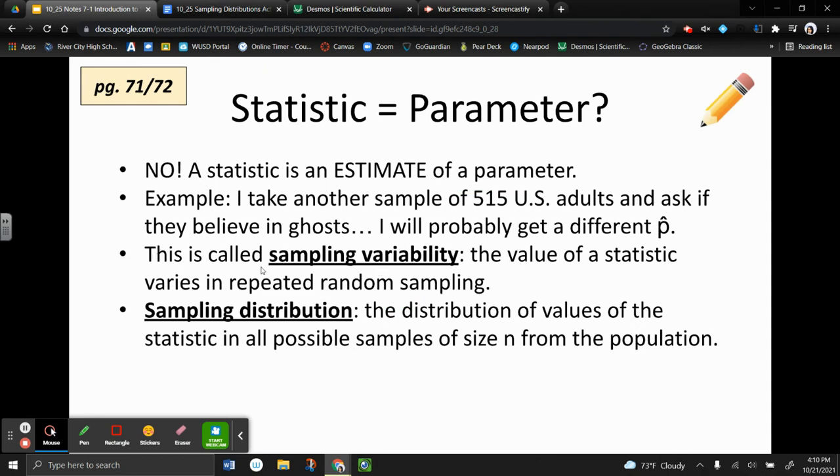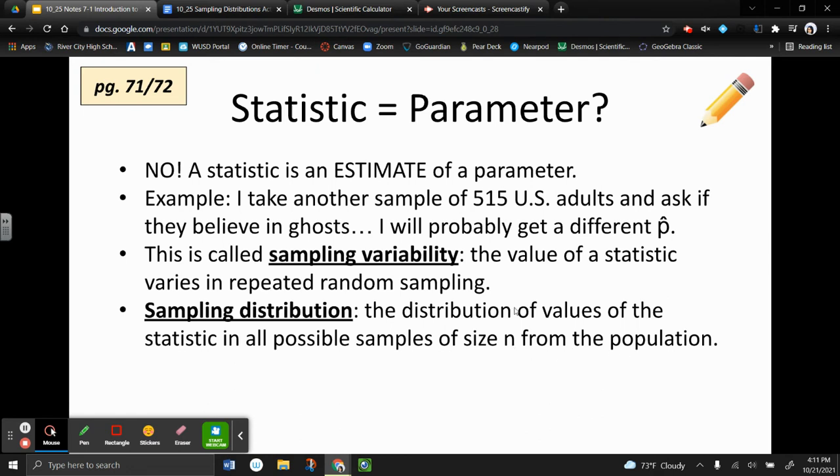The value of a statistic varies when we have repeated random sampling. So we take a sample, calculate a p hat. It's not going to be the same every time. Well, if we took all of those p hats and we put them on a graph, right? We made like a dot plot. This would create what's called a sampling distribution. Sampling distribution is a distribution of values of the statistic in all possible samples of size n from the population.